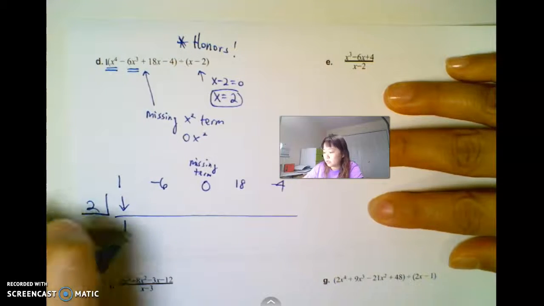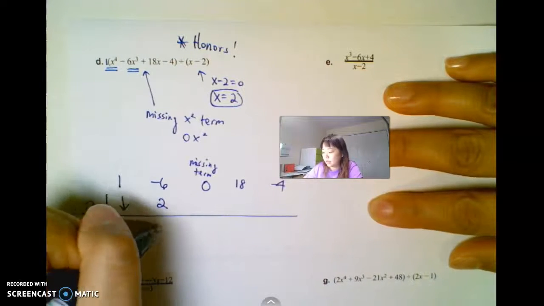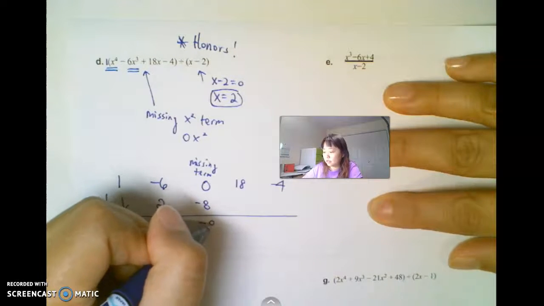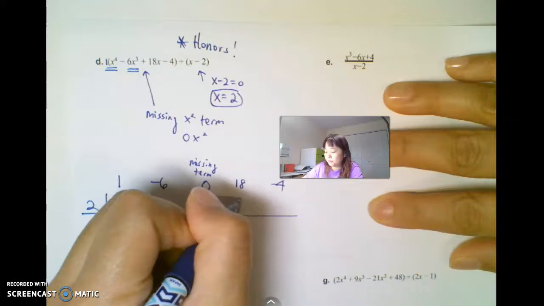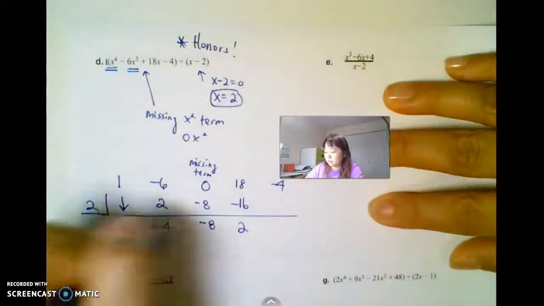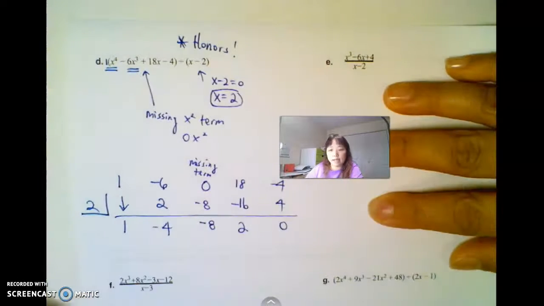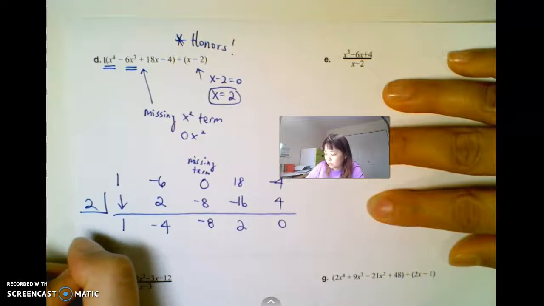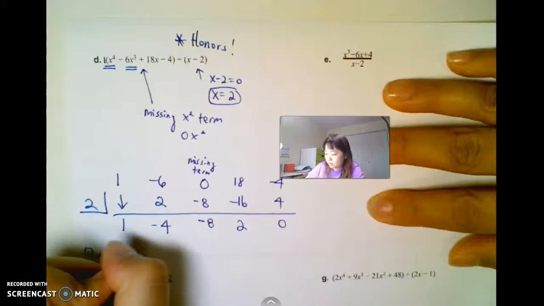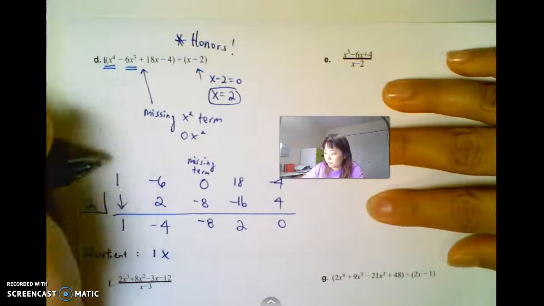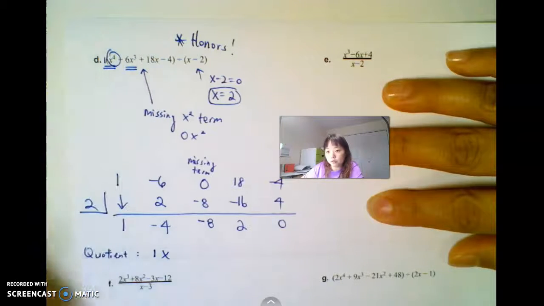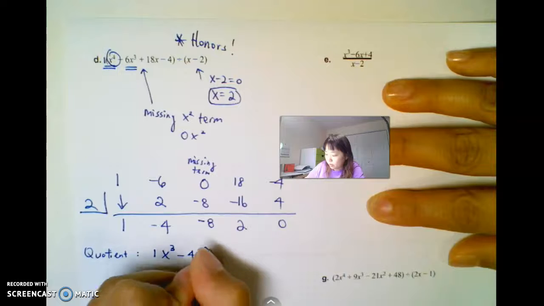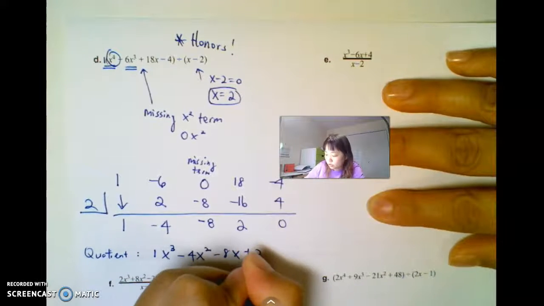Drop the first, multiply, add, multiply, add, multiply, add, multiply, add. So then your quotient is 1x to the, take a look, that was a fourth, so we want to put third, 1x cubed minus 4x squared minus 8x plus 2.